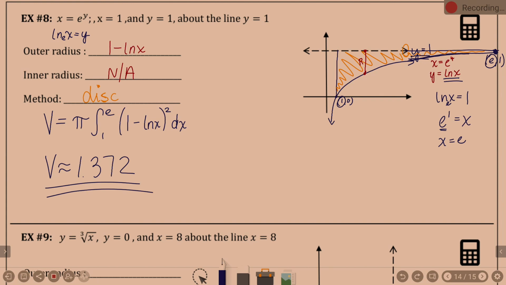Did you put the pi? Did you get the squared? Did you leave off the pi or forget the squared? Those are the two things I'd see you could have done wrong.